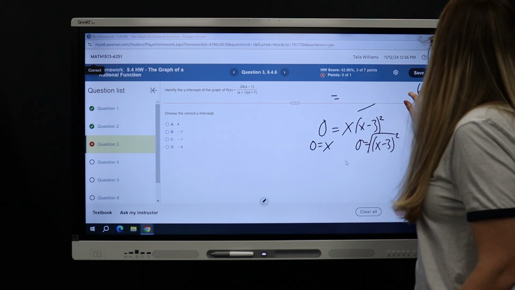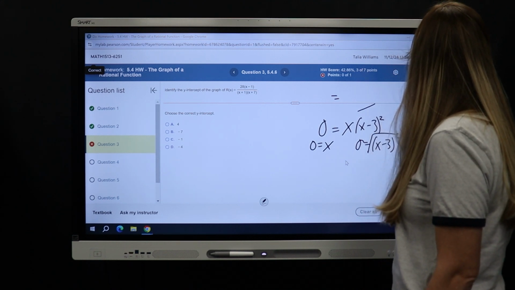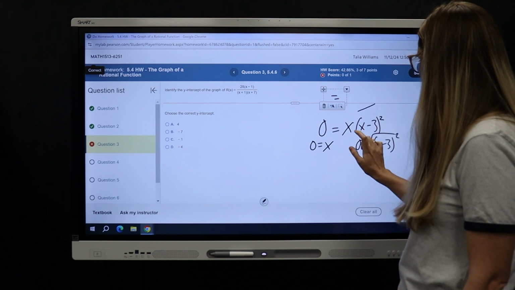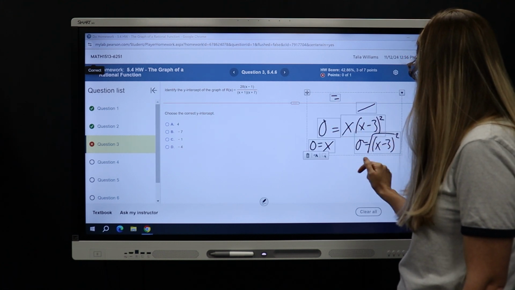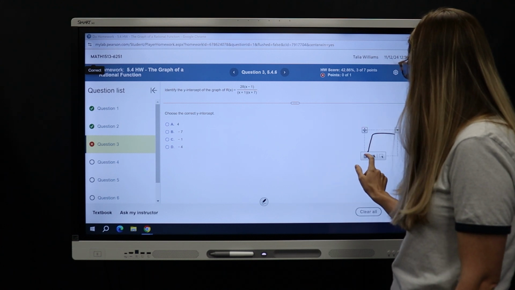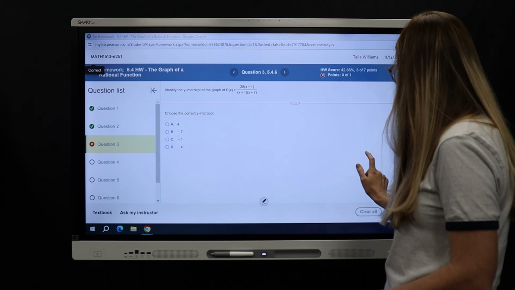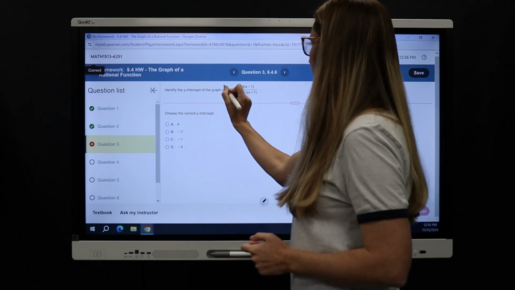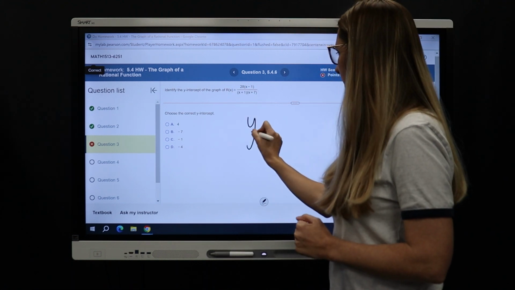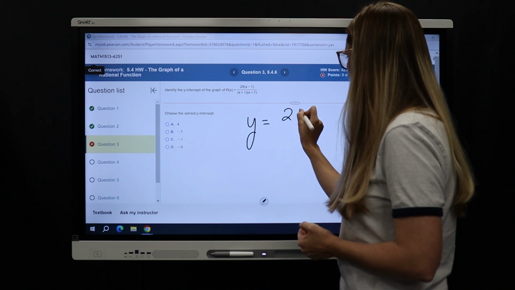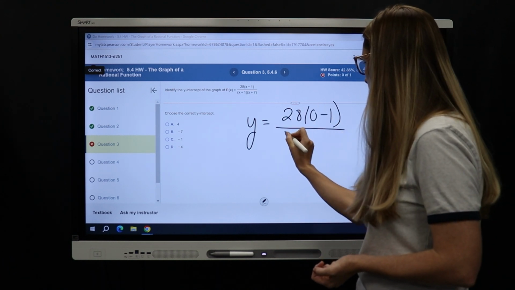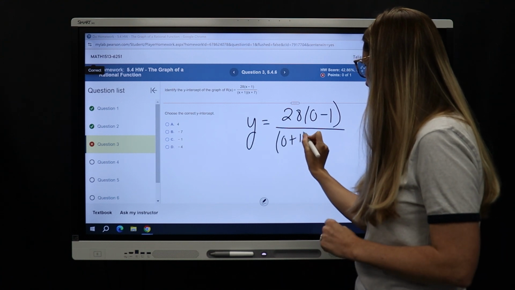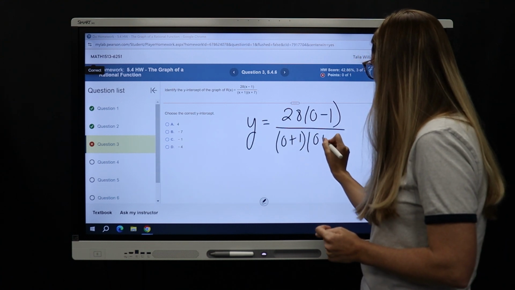This part right here, they want us to find the y-intercept. When we're finding the y-intercept, we put 0 in for x. So remember, this function notation right here is our y, and then we're going to put 0 in for our x. 0 minus 1 over 0 plus 1 and 0 plus 7.